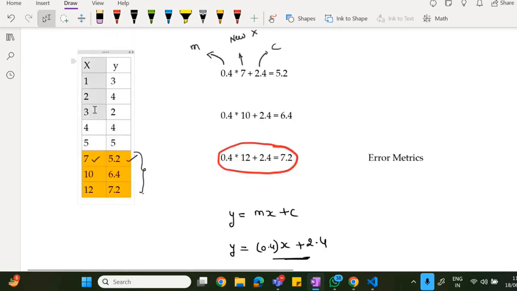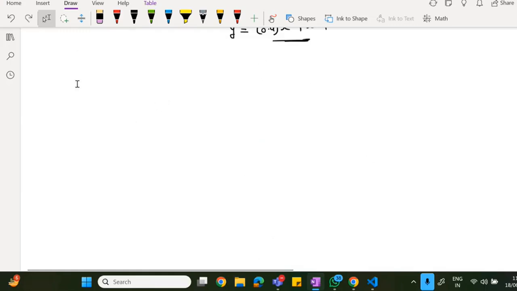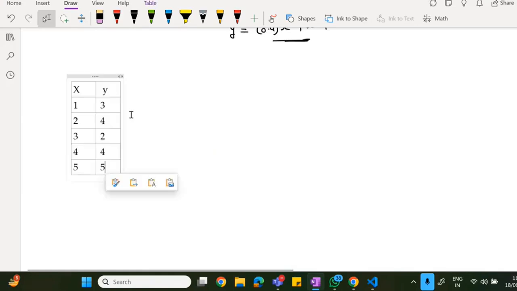This is the one which is given to us. This is my x. X is my independent value.